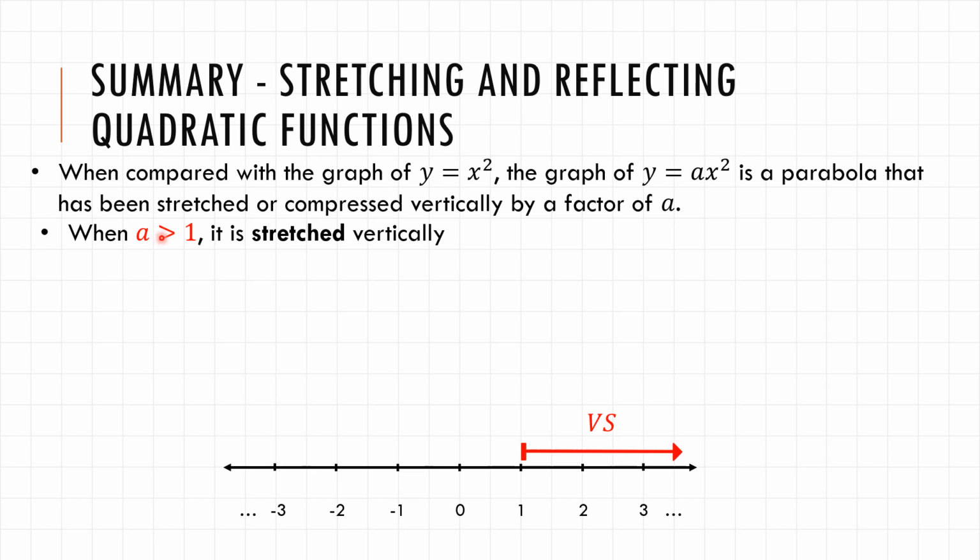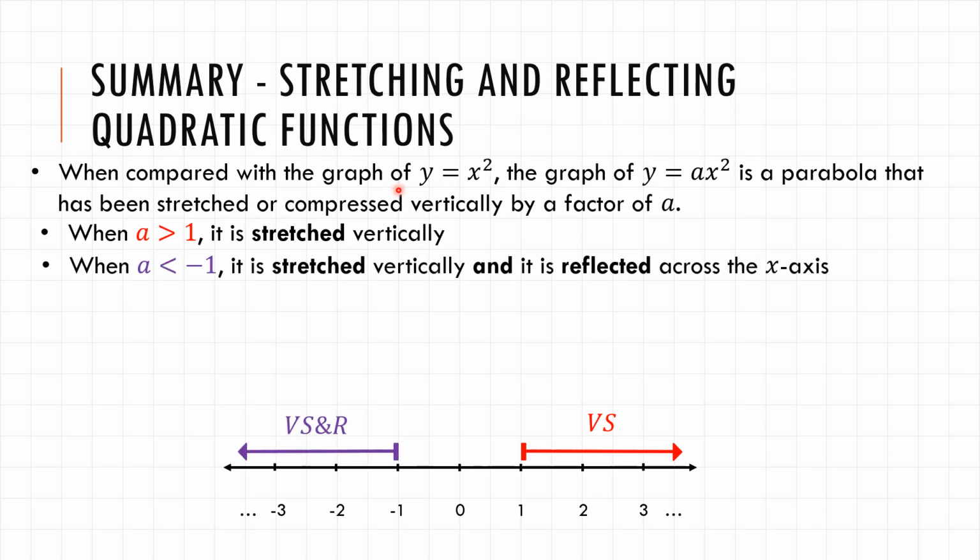When a is greater than 1, any number bigger than 1, the parabola was stretched vertically. When a was less than -1, we saw that not only was it stretched vertically, but it was also reflected across the x-axis. So there was a vertical stretch and a reflection.